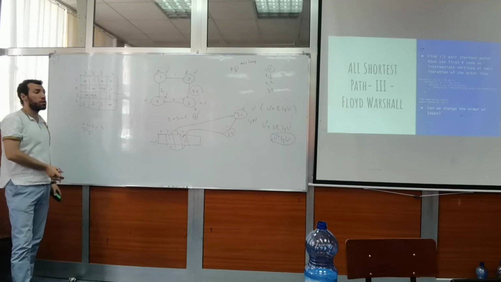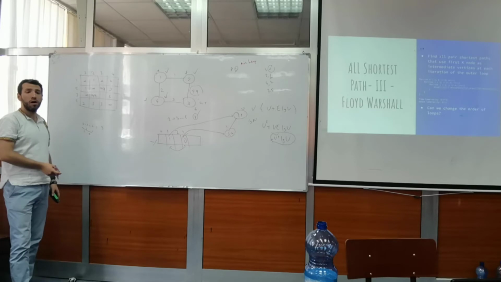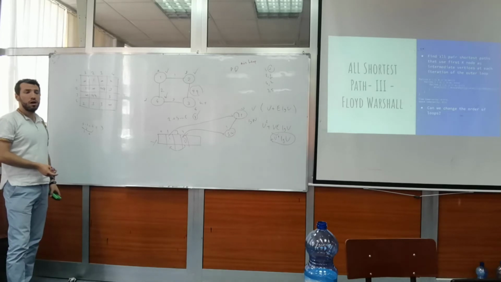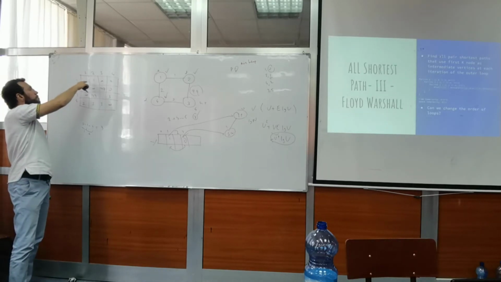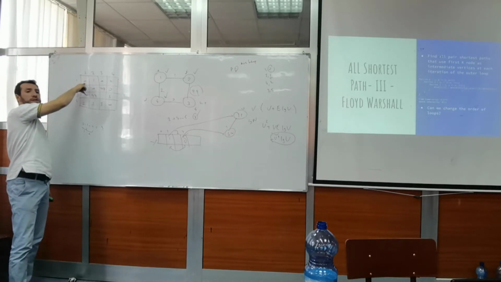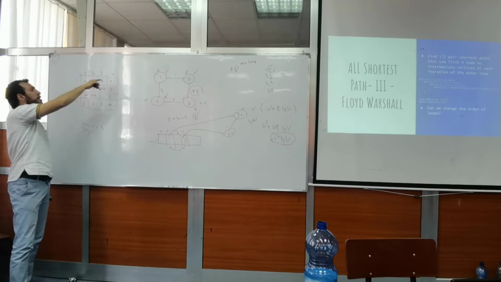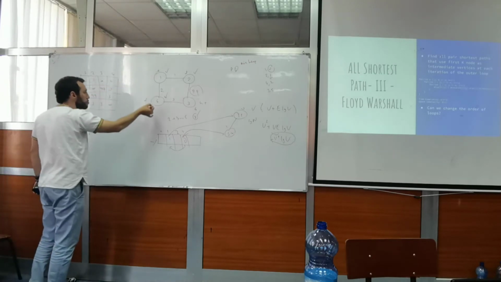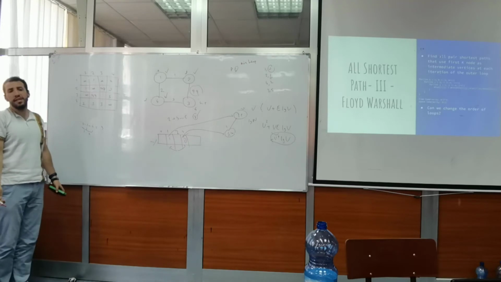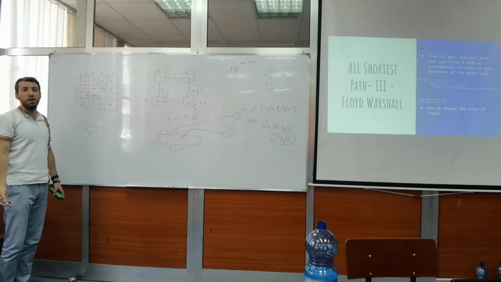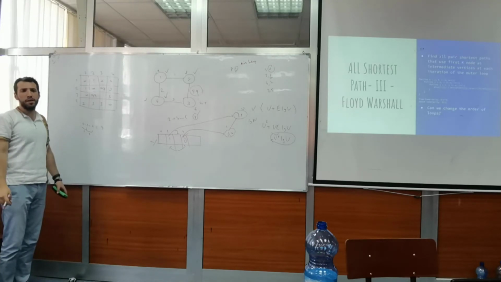When we chose 1, actually we didn't know that 2 and 1 have an edge between them, right? And if it wasn't the case, you would have seen infinity, and you would calculate infinity plus 2 and check whether it is less than infinity. Since it's not, it is not going to make any update.